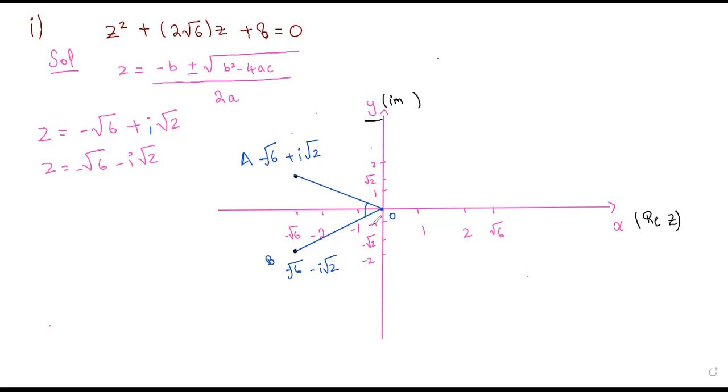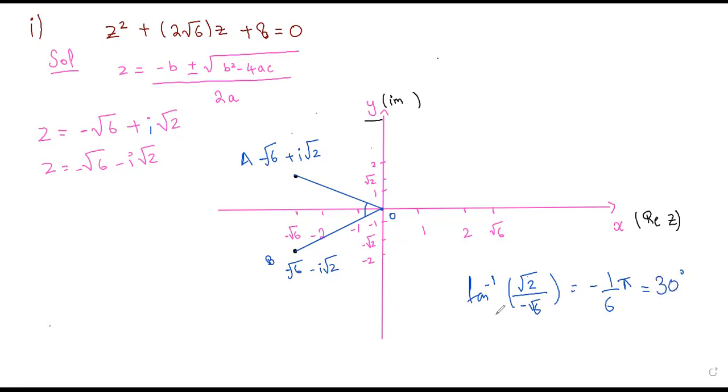That angle is tan inverse of under root 2 divided by minus under root 6, which is minus 1 by 6 pi. It's your choice: you can find the answer in radians or in degrees. In degrees it would be 30 degrees.